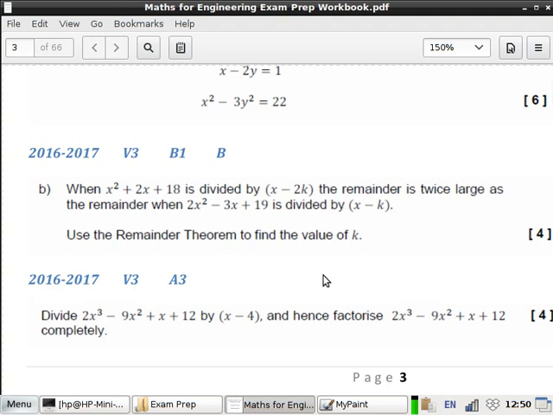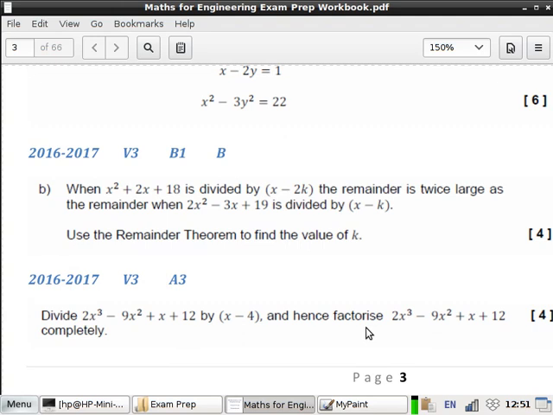To finish, the last thing to do today, I just want you to practice a division, which is the next question. So I want you to take this and divide it by x minus 4. Now you need to do the long division, because after you do that, you have to factorize. So whatever quadratic you get on the top, you need to factorize, okay?